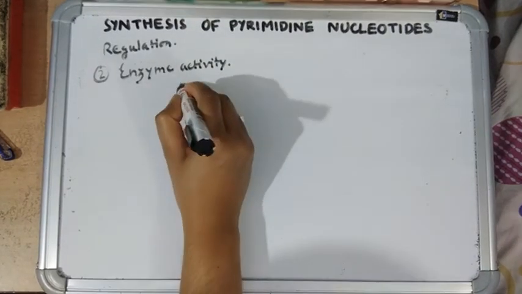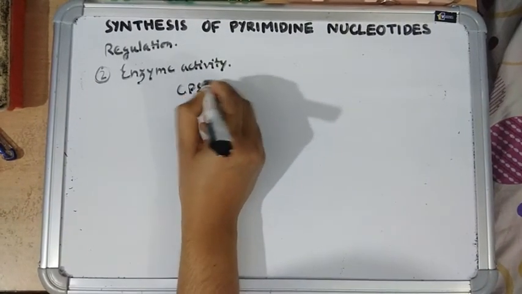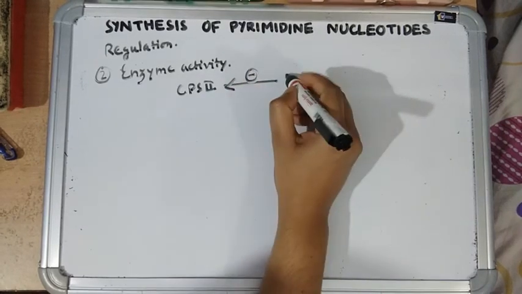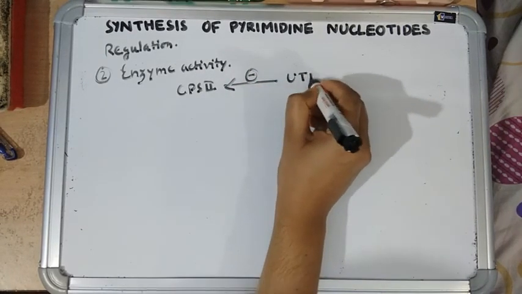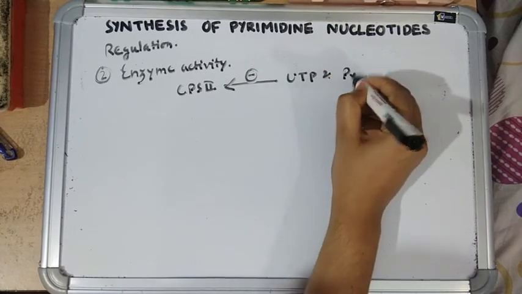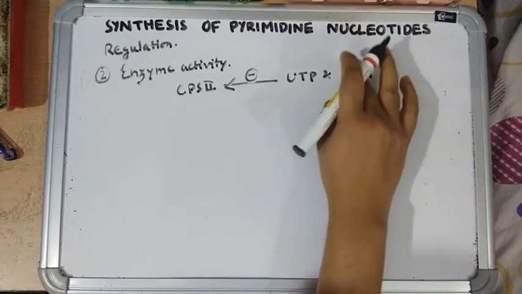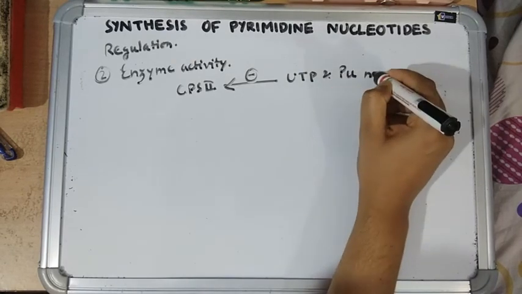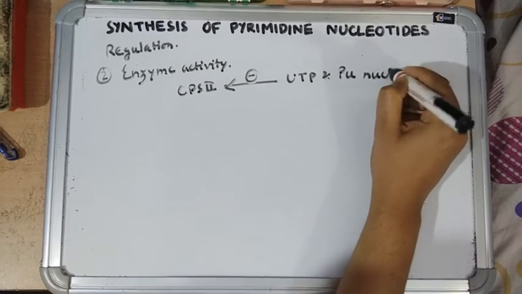So carbamyl phosphate synthetase 2 is inhibited by UTP and purine nucleotides.